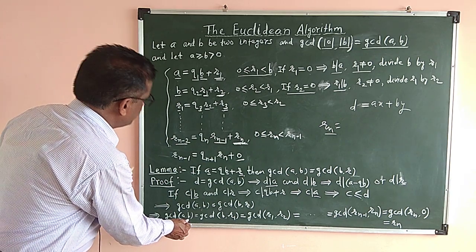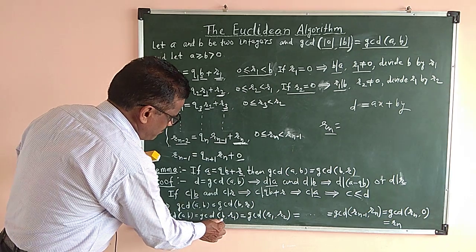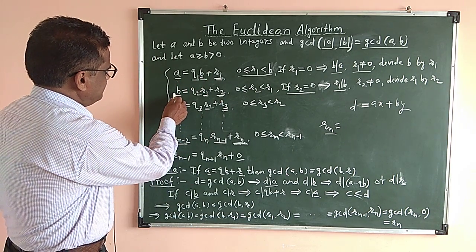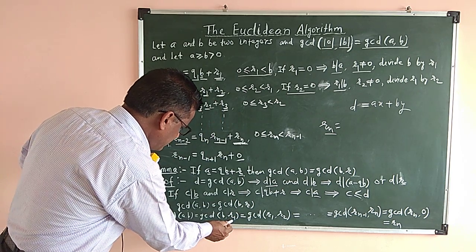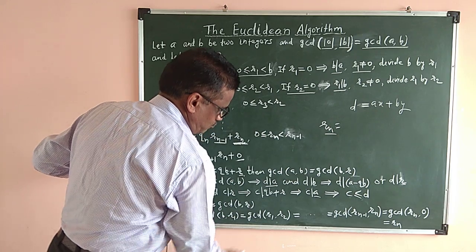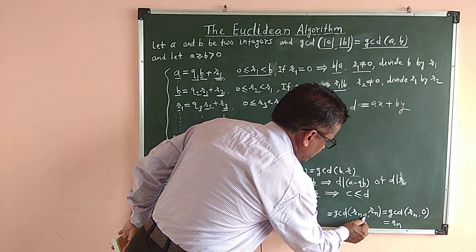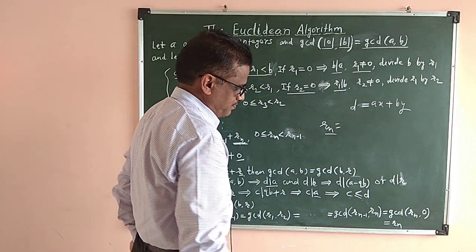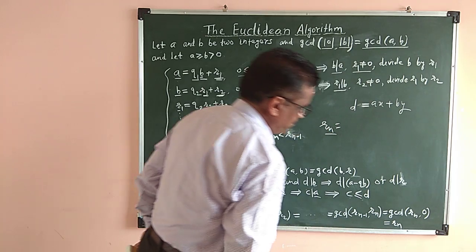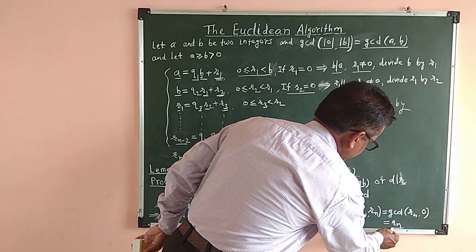So we have GCD of A, B is equal to GCD of B, R1. Again, GCD of B, R1 is equal to GCD of R1, R2. In this way, we get GCD of Rn minus 1, Rn. So this is GCD of Rn, 0, and GCD of Rn, 0 is equal to Rn.